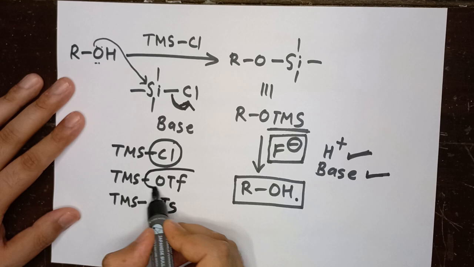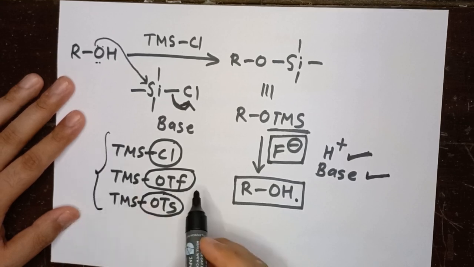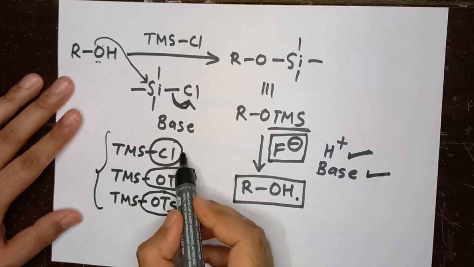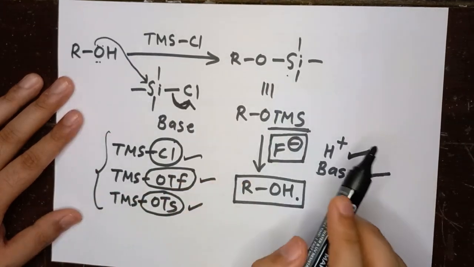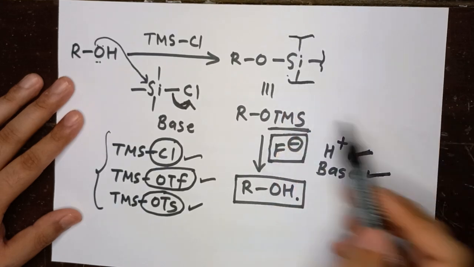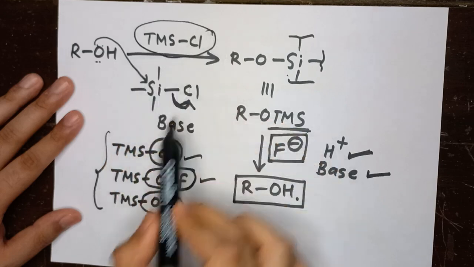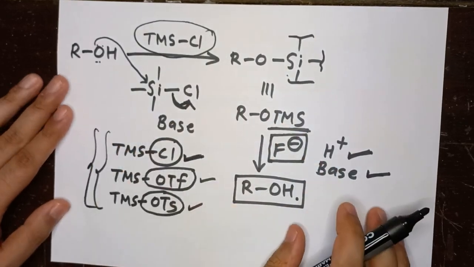So all these work as leaving groups. You can see any one of these reagents, but the chemistry is the same. This group is going to leave, and oxygen is going to bond to silicon. Depending upon what group you want to keep here, you can take the corresponding leaving-group-attached starting material.